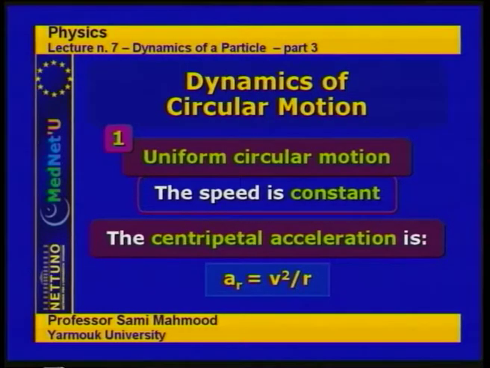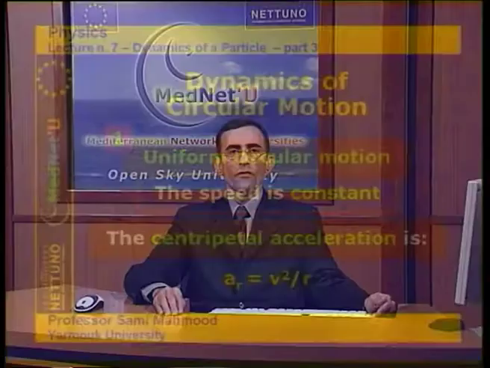A sub r is equal to v squared divided by r, where v is the velocity of the particle, and as we said, it has a constant magnitude, and r is the radius of the circular arc, or the circular path on which the particle moves.